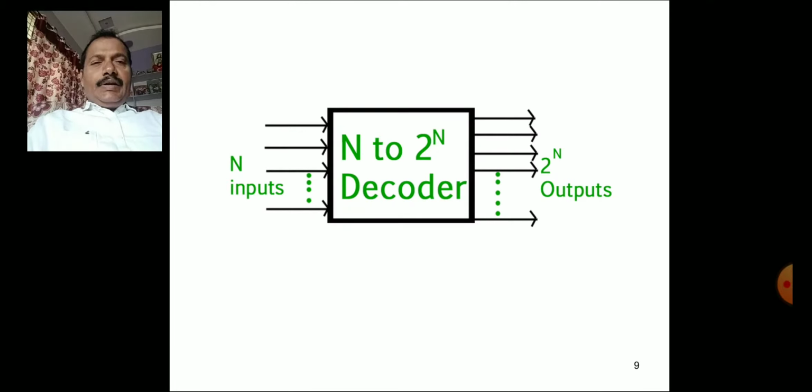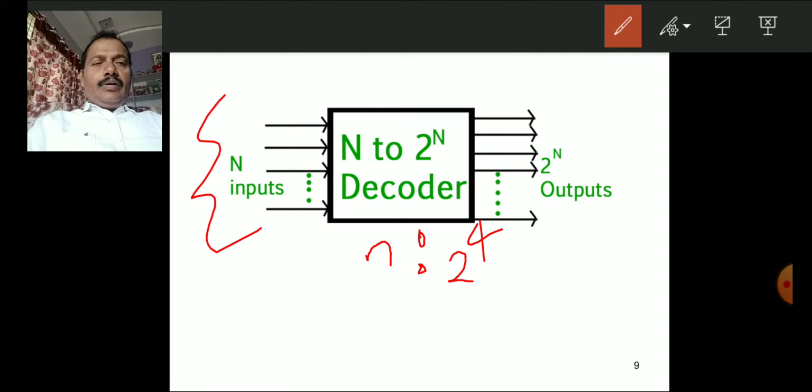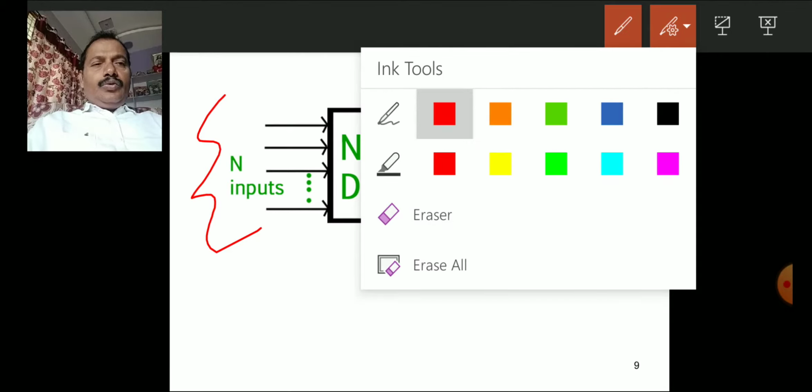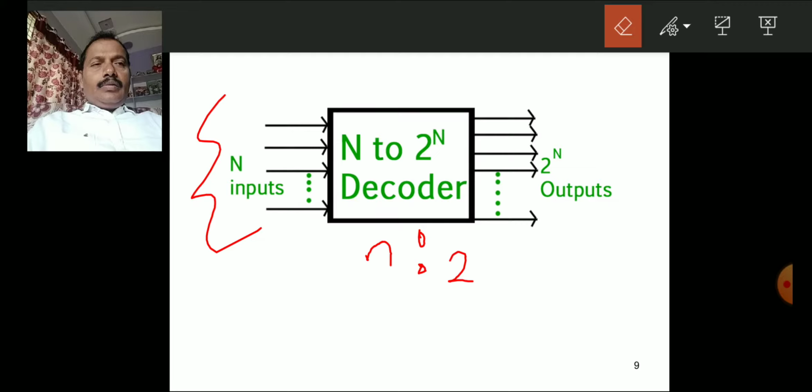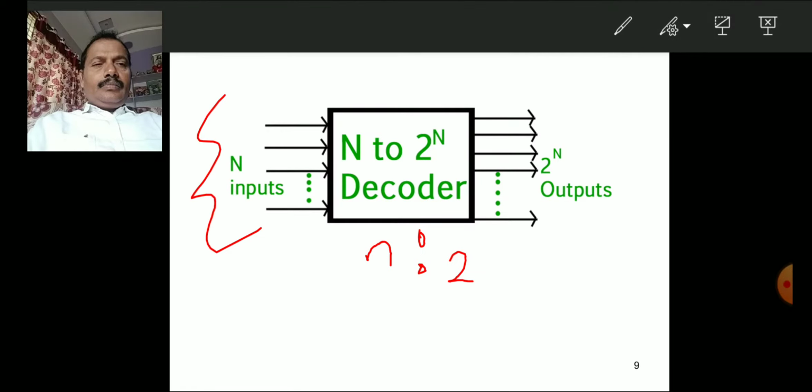So this is the general diagram of an n to 2 power n decoder. In this you have n inputs and 2 power n outputs. So this is called an n to 2 power n decoder.